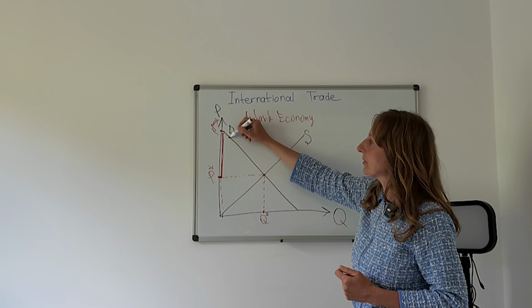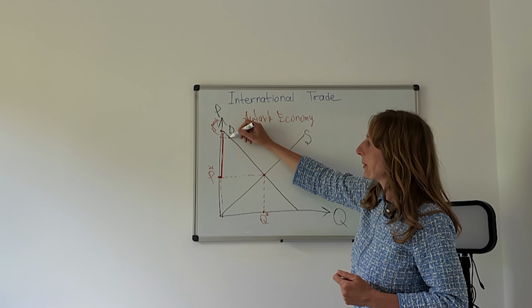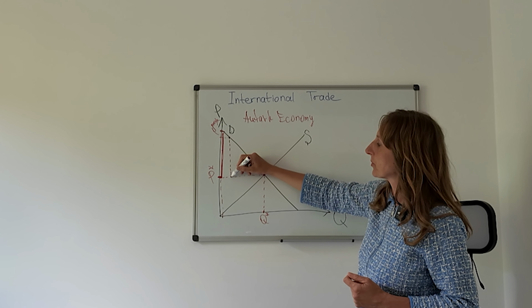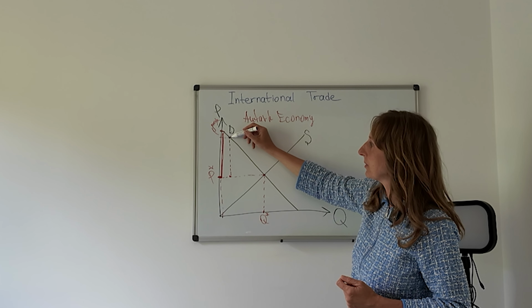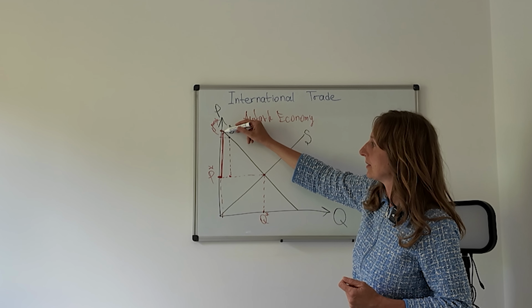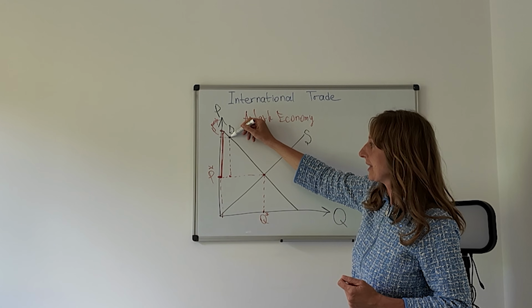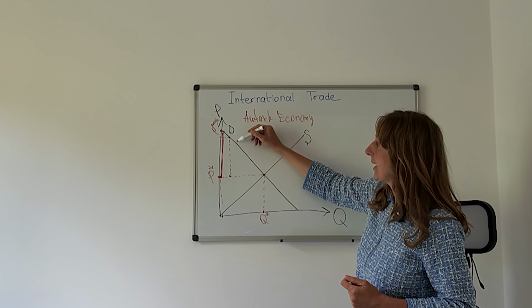This consumer was willing to pay this price but pays the equilibrium market price, so his surplus is not as big as the surplus of the previous consumer. It is less, but it is still quite big, and so on.